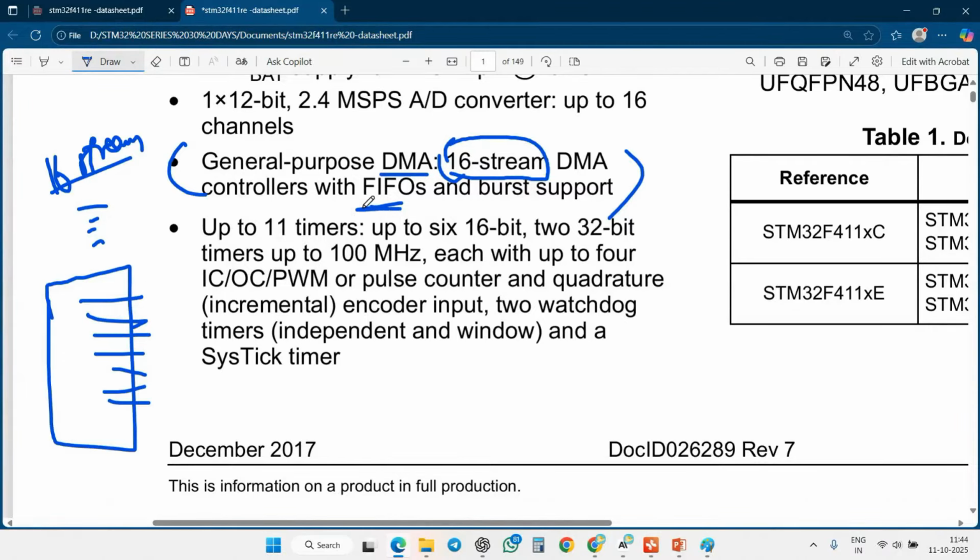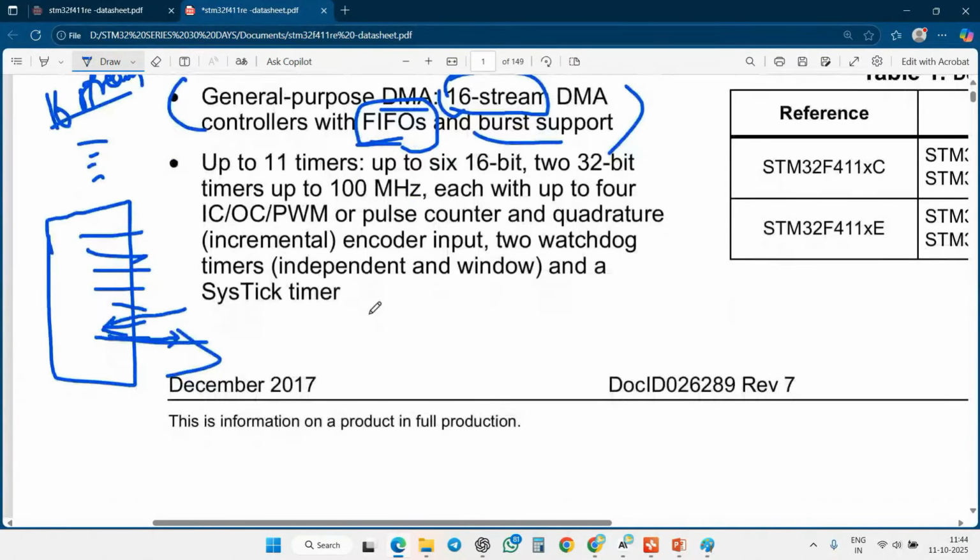So it is first in, first out: whichever comes first goes out first. This is the methodology. Burst mode can be done by byte transfer also. Most probably we have heard about bit by bit transfer, but bytes of data can also be transferred.